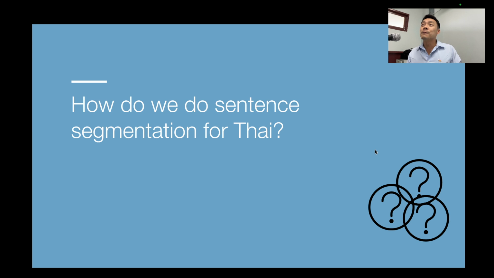Okay. What else? The ending word, such as ka, kap. Yeah, those are called sentence final particles because they do end the sentence. Kap, ka, la, si can only appear at the end. So that's good.